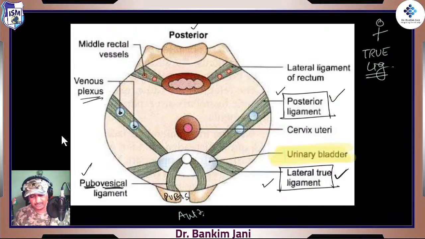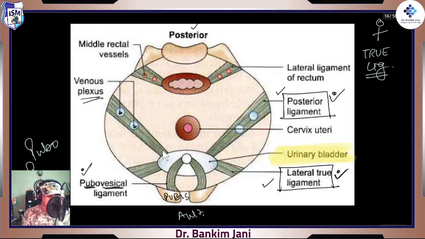Regarding the middle rectal vessels and rectum and lateral ligaments of rectum, we are not concerned. That would come when we'll be talking about the rectum and anal canal. At that time we'll see. Fine. So this is the posterior ligament, lateral ligament, and the pubovesical ligaments. This pubovesical, in case of males, it would be puboprostatic. Puboprostatic in case of males.